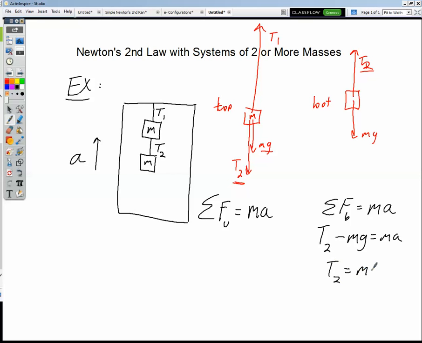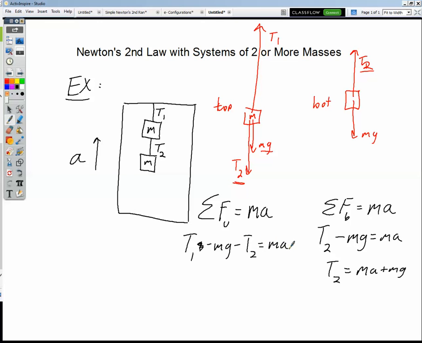So right away, I could solve for T2. T2 is ma plus mg. Bam. And if we have numerical values for the mass and the acceleration, we can find a numerical answer for T2. And going over here to the other block, we have T1 going up, so it's positive, plus the opposite of the weight, minus mg, plus the opposite of T2, so minus T2, is equal to ma.